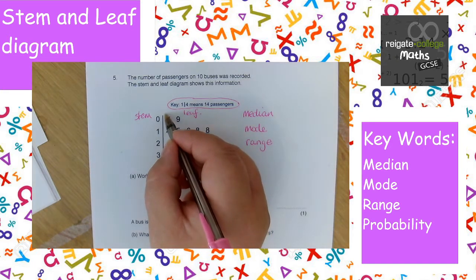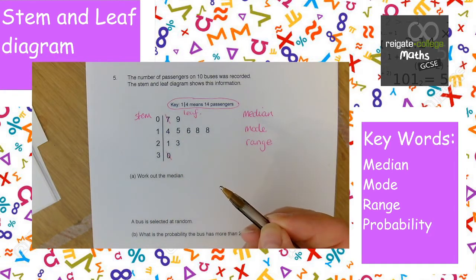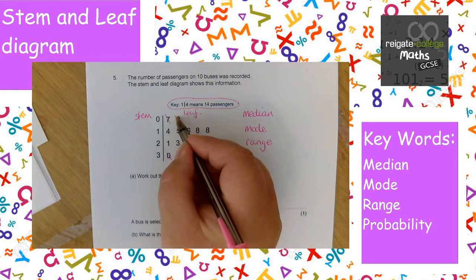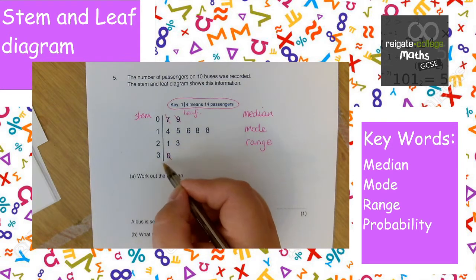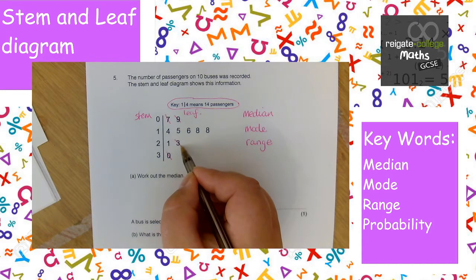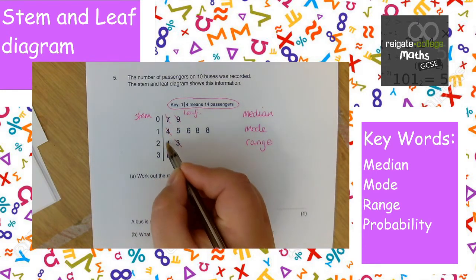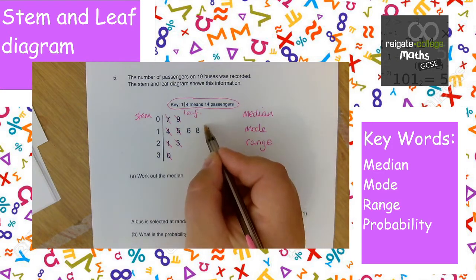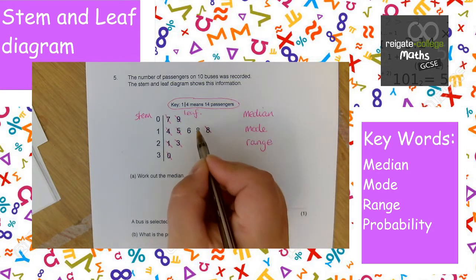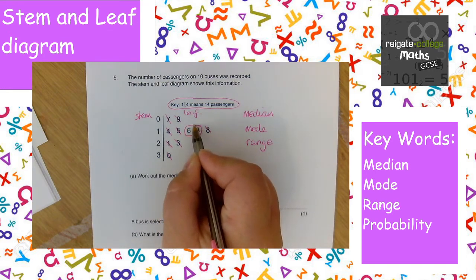So we're going to cross off the smallest value and the largest value in pairs like we did before. Smallest. Now the largest value in this stem and leaf, now I've got rid of this one, is here. Smallest, 14. Largest, 21. Smallest, 15. Largest, 18. That leaves us with these 2 numbers in the middle.